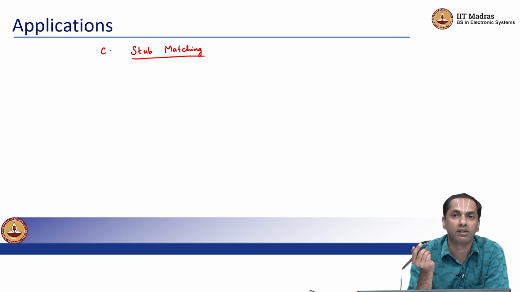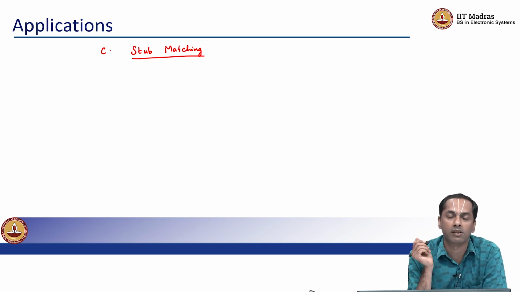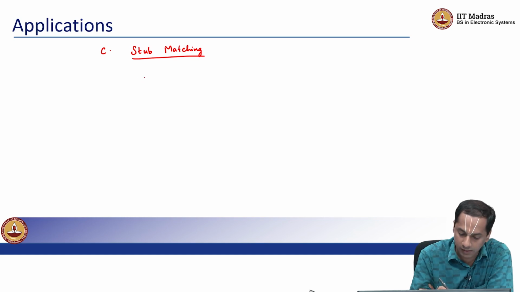Of course, there are single stub matches and double stub matches, and there's a lot of theory that you can work on. But in this course, at least, I'd like to stop with just a very cursory introduction to stub matching, which essentially looks like this.